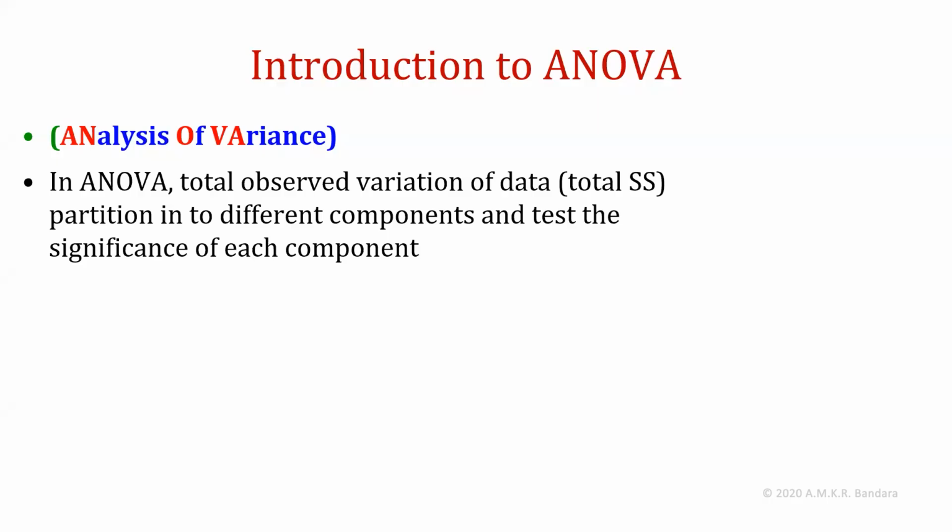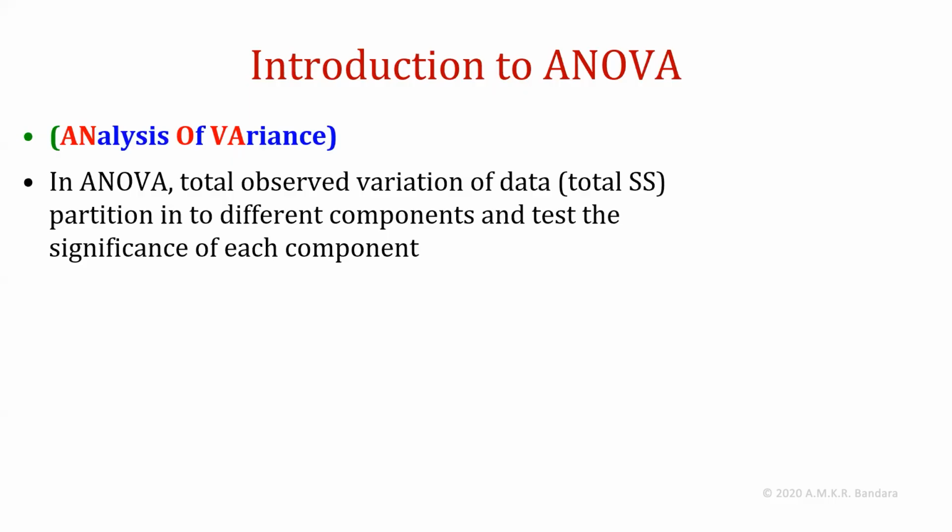This is due to fertilizer effect. This is due to water effect. This variability is due to nutrient effect. Likewise, variance observed from the data is partitioned into different components using ANOVA.